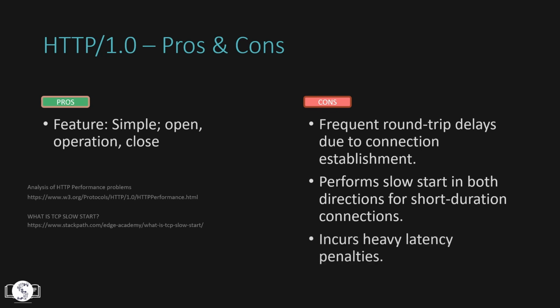It incurs a heavy latency penalty. What does it mean? The cost of opening a new connection for each transaction requires doing a TCP three-way handshake, which badly affects the round-trip time.